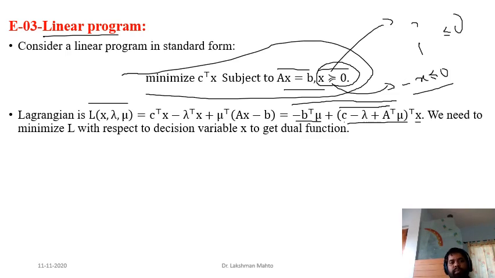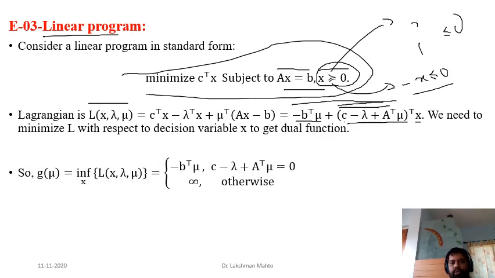So we need to minimize L with respect to the decision variable X to get the dual function. That's why we put the condition that this coefficient is 0 in order to get a bounded optimal value of the Lagrangian with respect to X. So we put the coefficient of X, C minus lambda plus A transpose mu, equal to 0. Then we are getting a bounded value of the Lagrangian. This optimal value is minus B transpose mu.